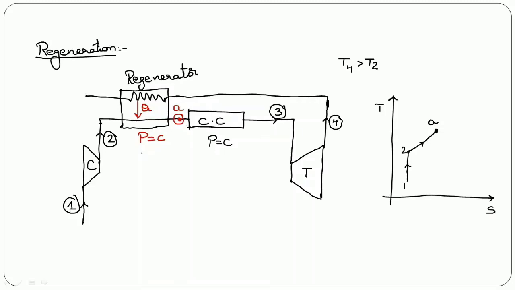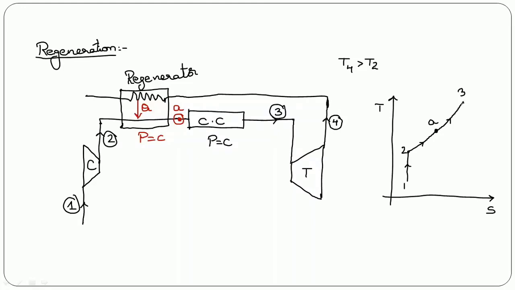So when we have used this heat, from A to 3, this is the actual amount of heat supplied. If you observe carefully, in the normal Brayton cycle we used to supply heat from the 2 to 3 process, but in this regeneration concept we are supplying only heat from A to 3.